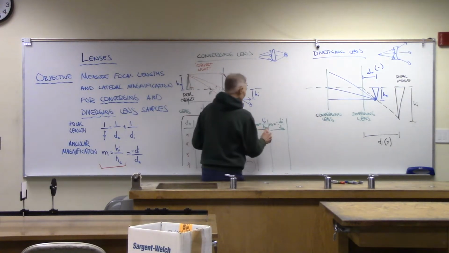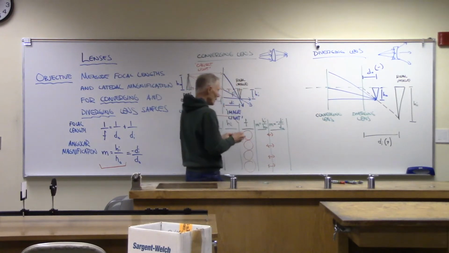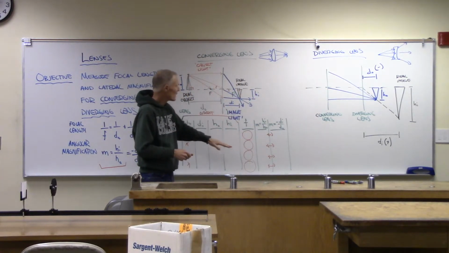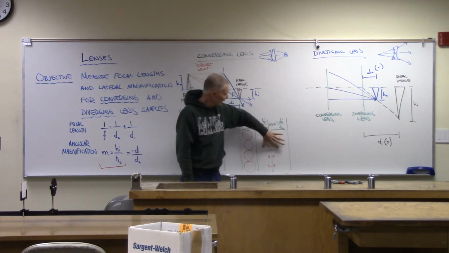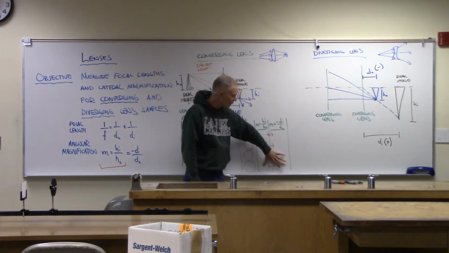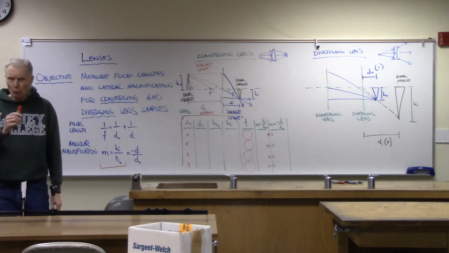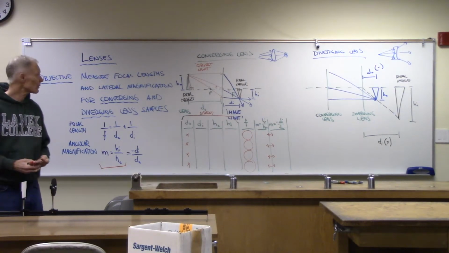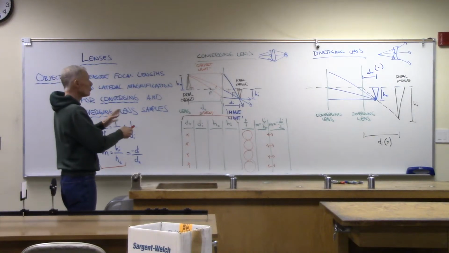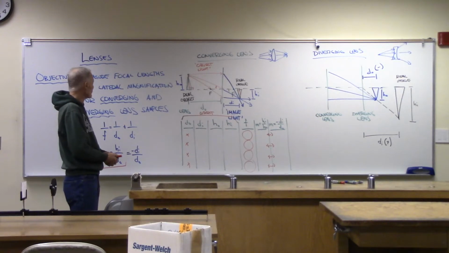So what we're guessing here is that at each one of the runs that we do, these two magnifications should match pretty well, and these should match pretty well, and those should match pretty well. So we're looking again to see if we can find some consistency in the magnification values that we're coming up with. All right, so the converging lens, I'm going to say that should be pretty straightforward.